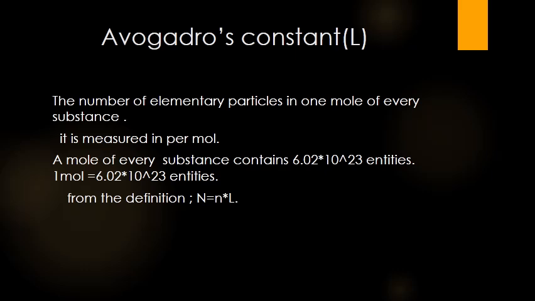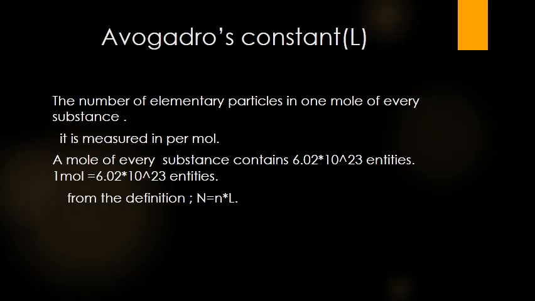Avogadro's constant is the number of elementary particles in 1 mole of every substance. But we said mole is the amount of substance which contains as many elementary particles as there are carbon atoms in 12 grams of carbon-12.